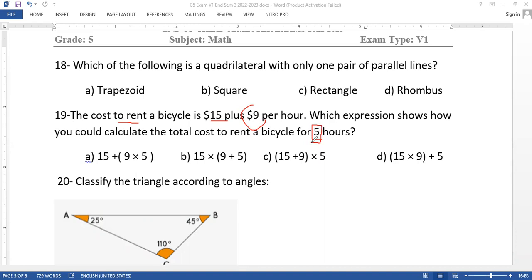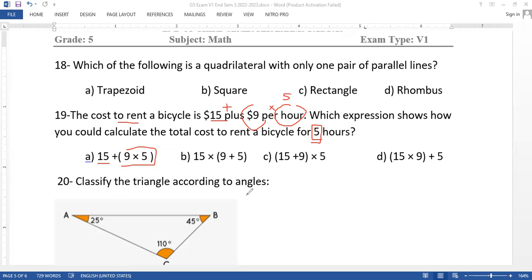So 5 hours means 5 multiply 9 plus 15. First you have to pay 15, then you add to this 9 times 5. Per means multiply. Multiply how many hours? Of course, we have 5 hours. Okay, so we choose this.